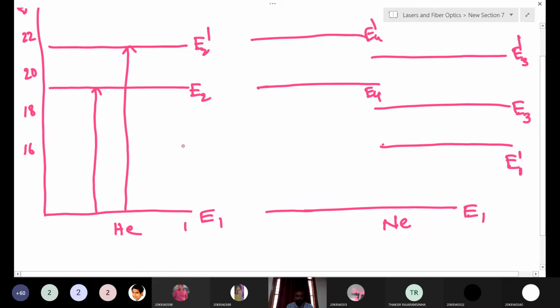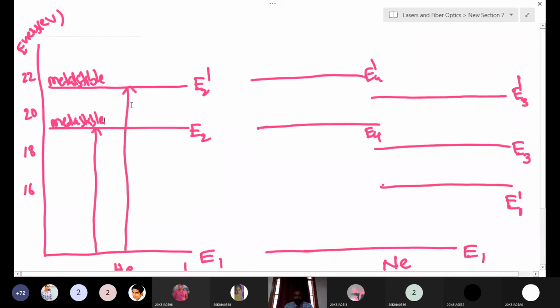Here E2 dash is also a metastable state, and E4 and E4 dash are also metastable states. So here I am writing metastable state. We are not writing the higher energy levels because many levels are already there and it makes the diagram complicated.